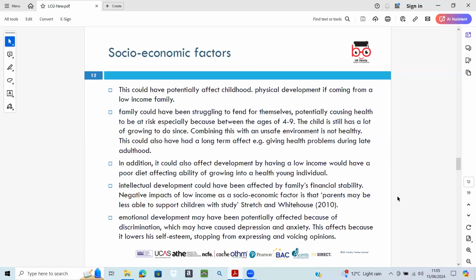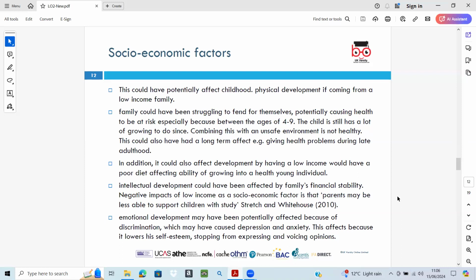Then we have the impact of low income on emotional development. For example, a child experiencing discrimination or social stigma based on their family's financial status may struggle with emotional regulation, communication, and social interaction.